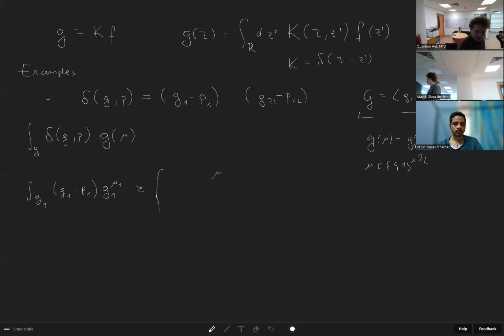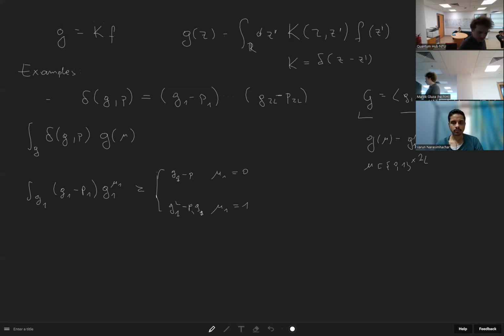I have one case where mu1 will be 0, and one case where mu1 will be 1. When mu1 is 1, I will have G1 squared minus P1 G1. And when mu1 is 0, then I will have G1 minus P1.